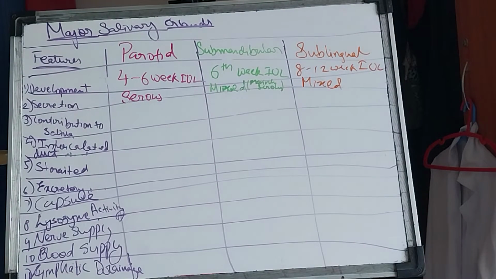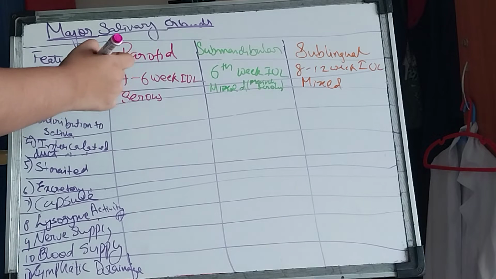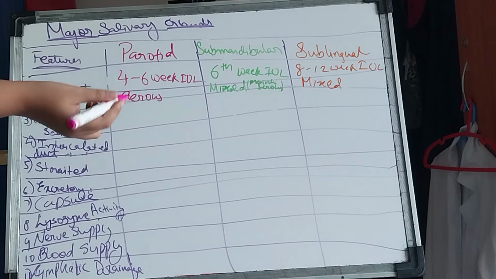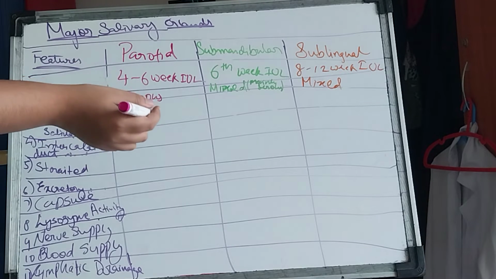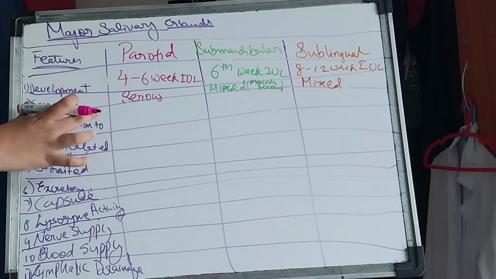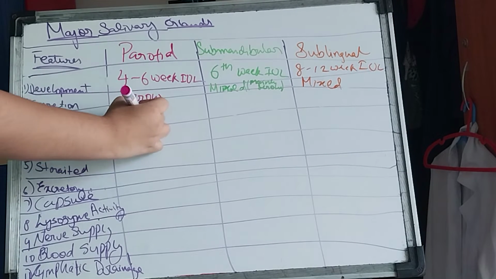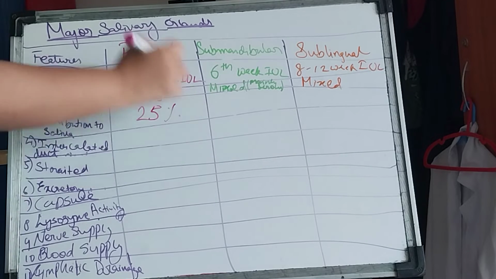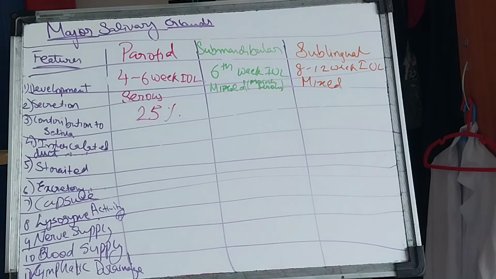Then coming on to the contribution to the saliva. As we knew, the total amount of saliva secreted per day is 1000 to 1500 ml, and in that, 25% of saliva is contributed by the parotid gland.